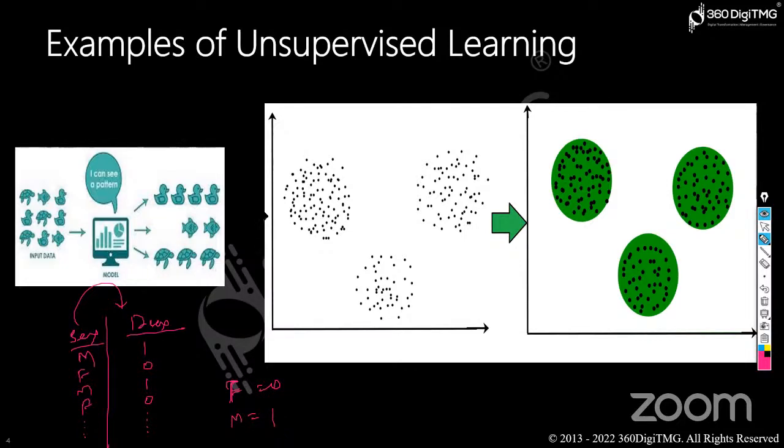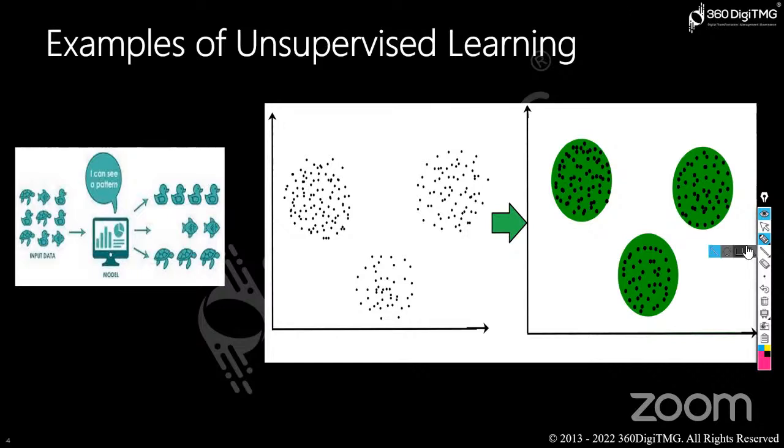Alphabetically, it gives first preference to female because it comes first, and then male. So we have a new column coming into the picture, which is a numeric representation of the same data. This is how we convert the non-numeric data to numeric format. We'll practically also see that. So this is about your distance calculations.